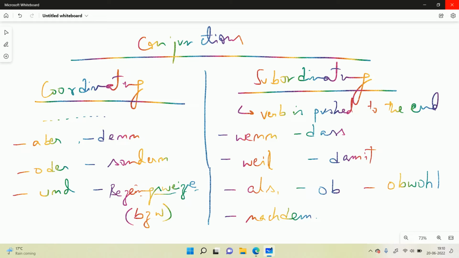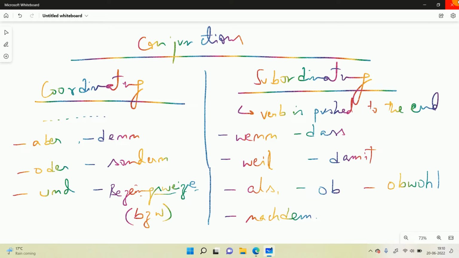So these are the conjunctions that I request you to please remember by heart, especially aber, denn, oder, sondern und beziehungsweise in coordinating conjunctions, and everything else like wenn, weil, während, damit, als, ob, obwohl, nachdem, these in subordinating.